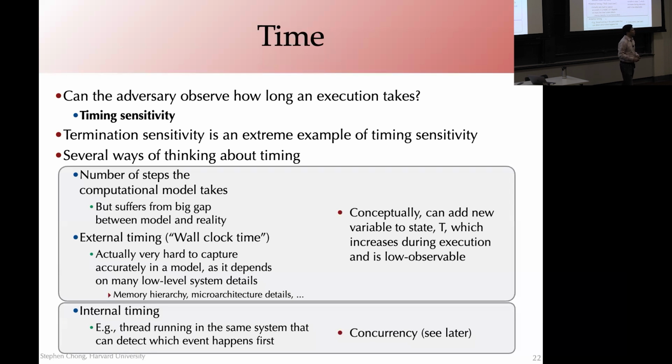In some settings, we might actually be thinking about the thread as, quote, controlled by an adversary. Maybe the adversary is able to contribute code to the system, and they provide code for a thread that is actively trying to detect who won a race and thus learn information.